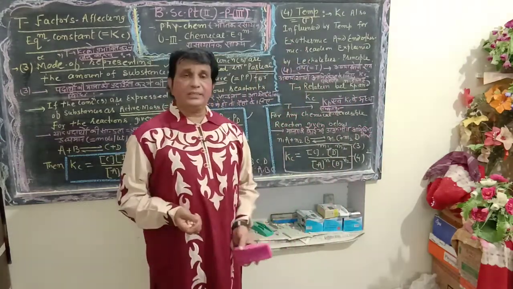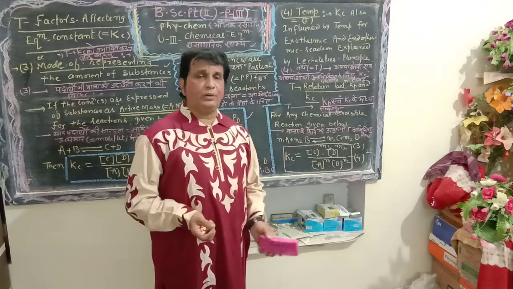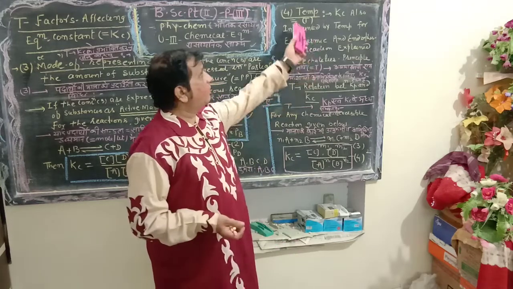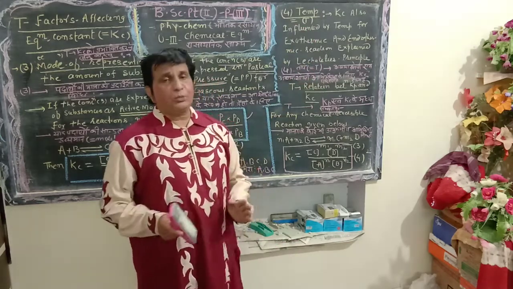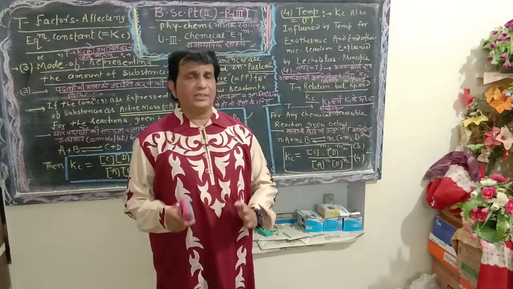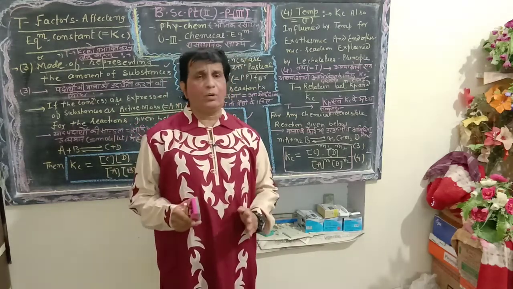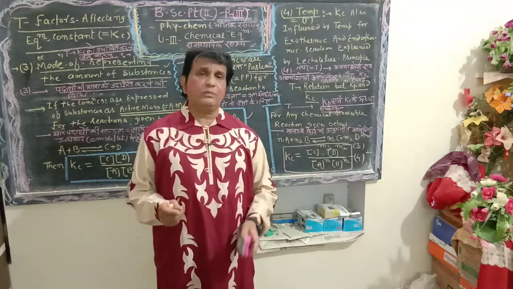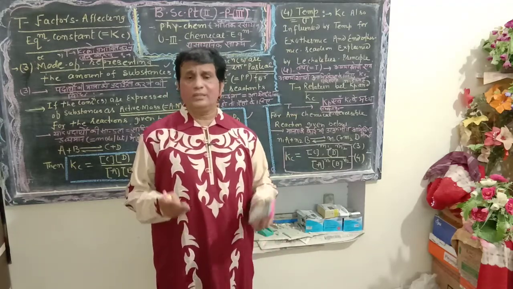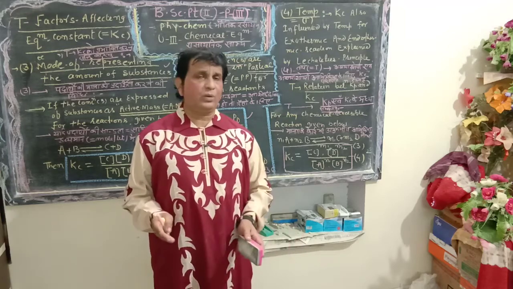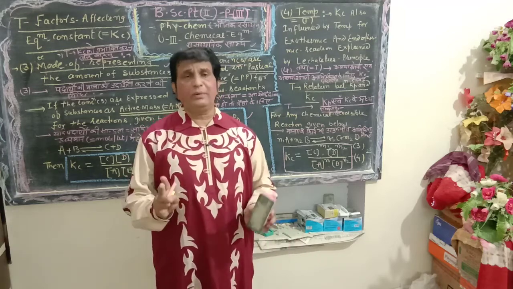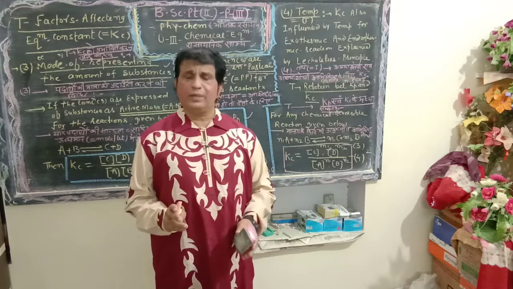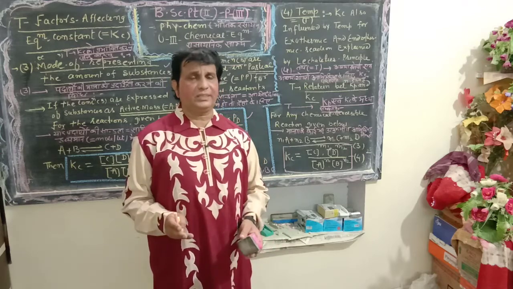Next, the factor influencing the equilibrium constant Kc is temperature. It will be explained by the Le Chatelier principle, depending upon whether the reactions are exothermic or endothermic. Dear students of BSc Part 2, there are two fundamental types of reactions, exothermic and endothermic.